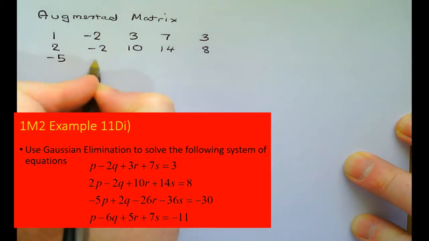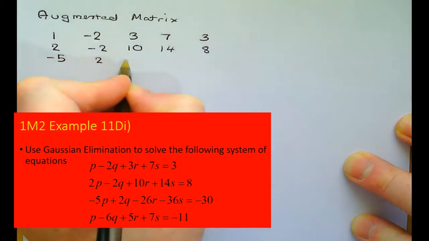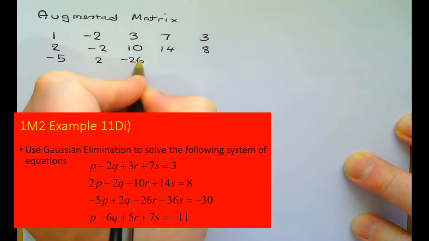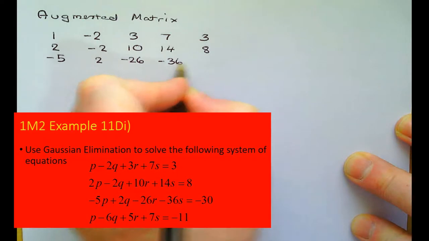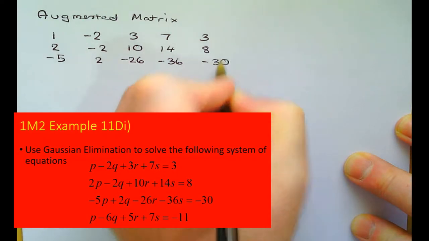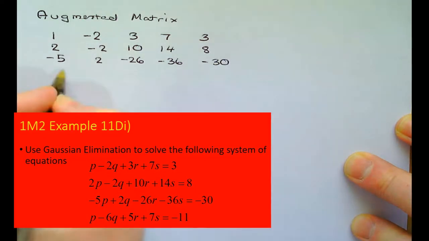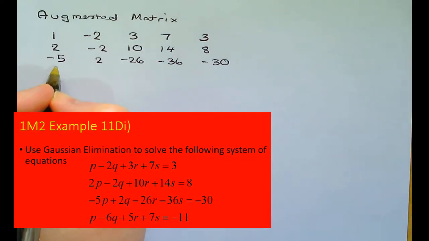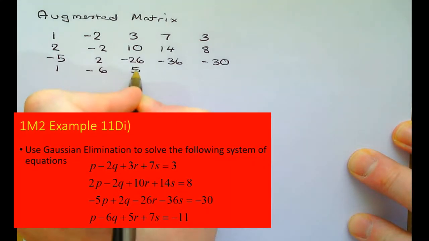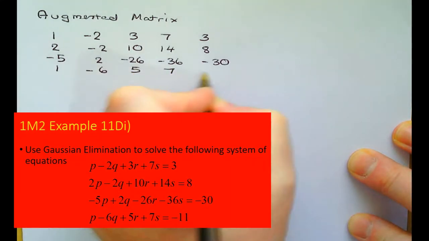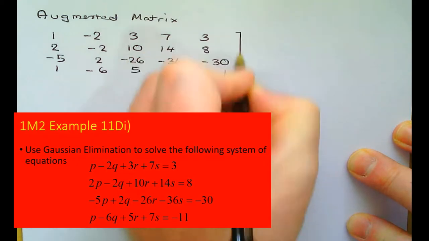Minus 5p plus 2q minus 26r minus 36s is equal to minus 30. And then we have 1p minus 6q plus 5r plus 7s is equal to minus 11.